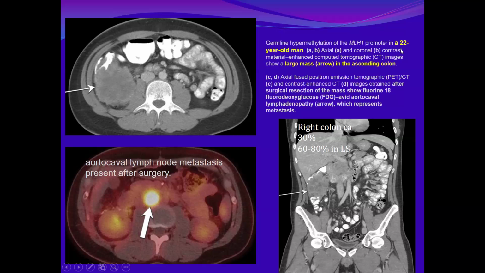only 22 years old, a man with a large mass in his ascending colon, here in the axial and coronal view. And they found that the right colonic cancer incidence in Lynch syndrome is up to 80%, ranging from 60 to 80%, while in the sporadic cancer, as you know, the left colon is predominant, with only 30% of the right colon involved.